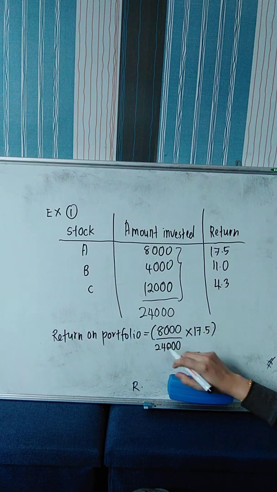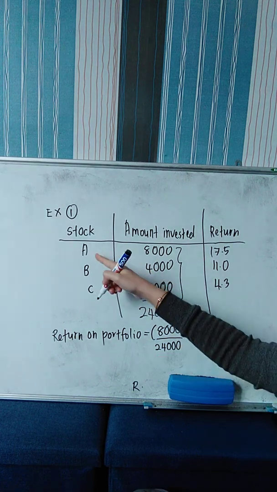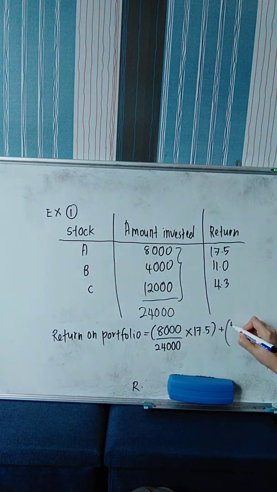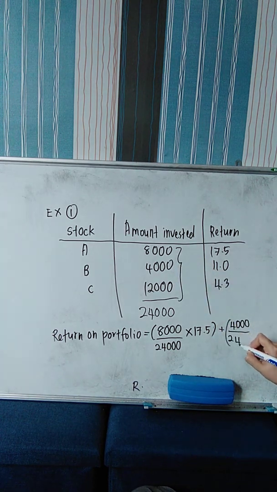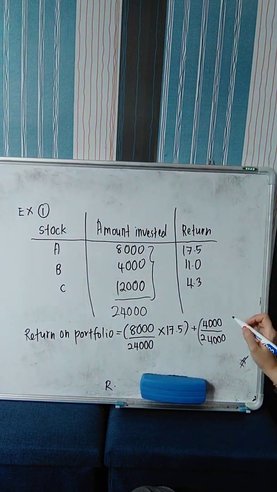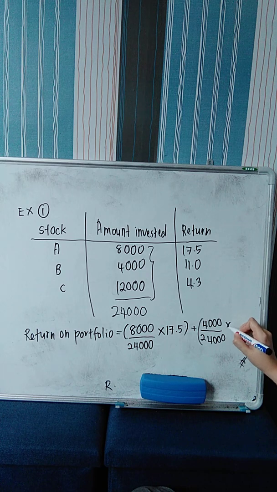Then you continue with stock B. Same step: 4,000, you divide by the total, 24,000, and then you times it with the return, 11.1.